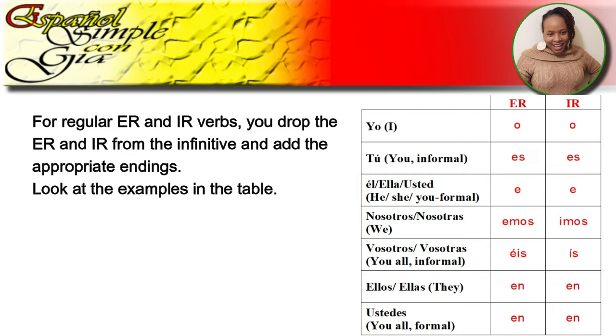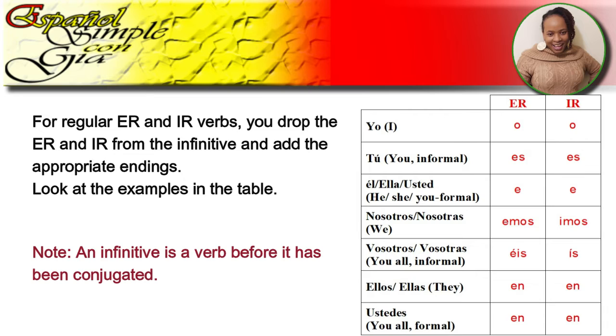For ellos and ellas, for ER verb, you add EN, you also add EN if it's an IR verb. And for ustedes, you add EN for the ER verb, and you also add EN for the IR verb. Note, an infinitive is a verb before it has been conjugated.